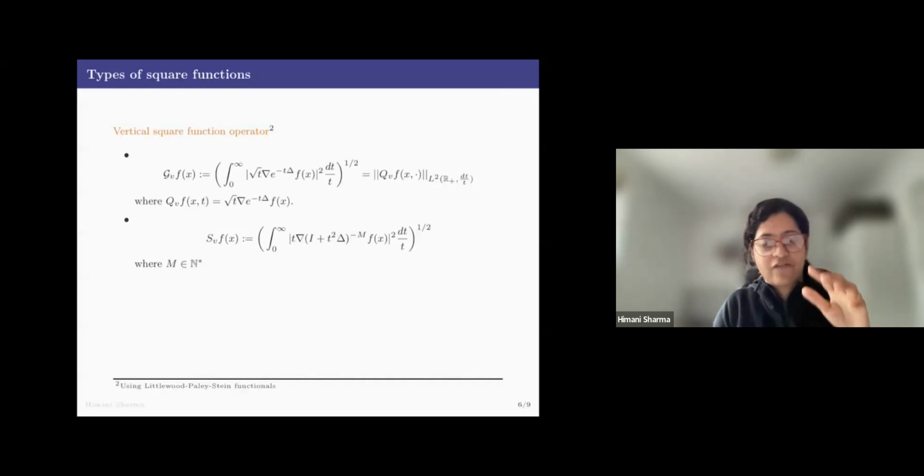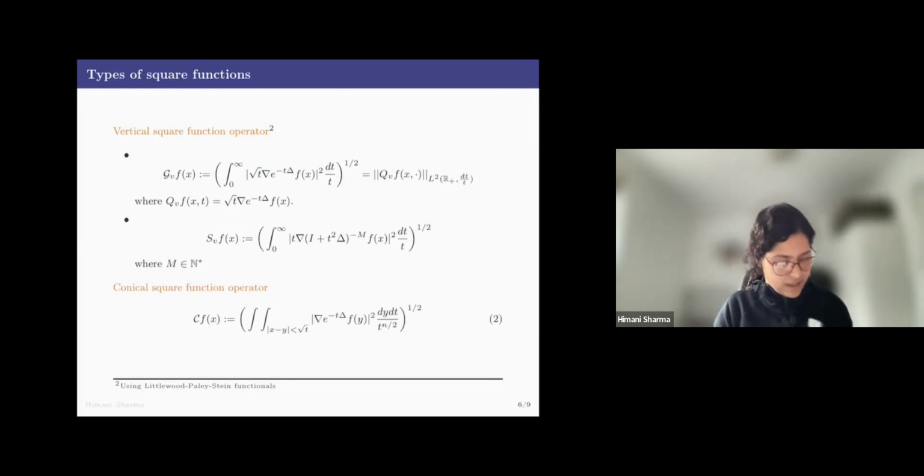Another square function that we have here is a conical square function operator, which is a little different from the horizontal and vertical ones, because it is taken over a cone. This is constructed by Lusin's area type integral, and one way of writing it for the heat semigroup is the following.